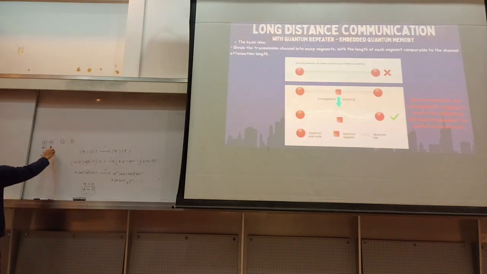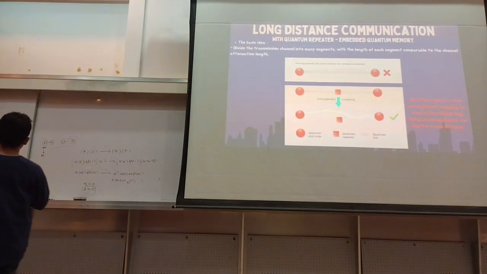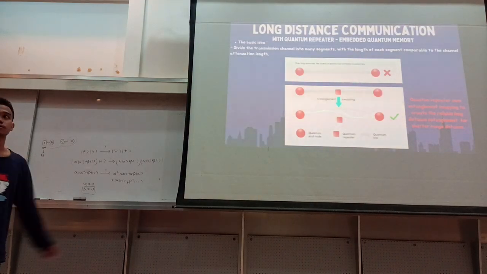Then after all this, we are going to connect A and D through the entanglement swapping, as you can see over there. Then we have connected A and D, so we can do manipulation. For example, we want to distribute quantum key from Alice to Bob, and quantum communication, and so on and so forth.